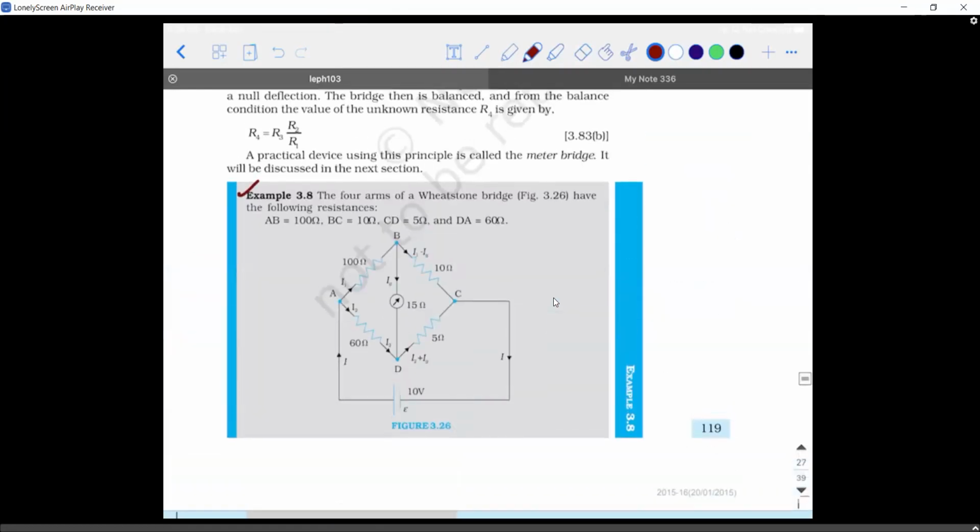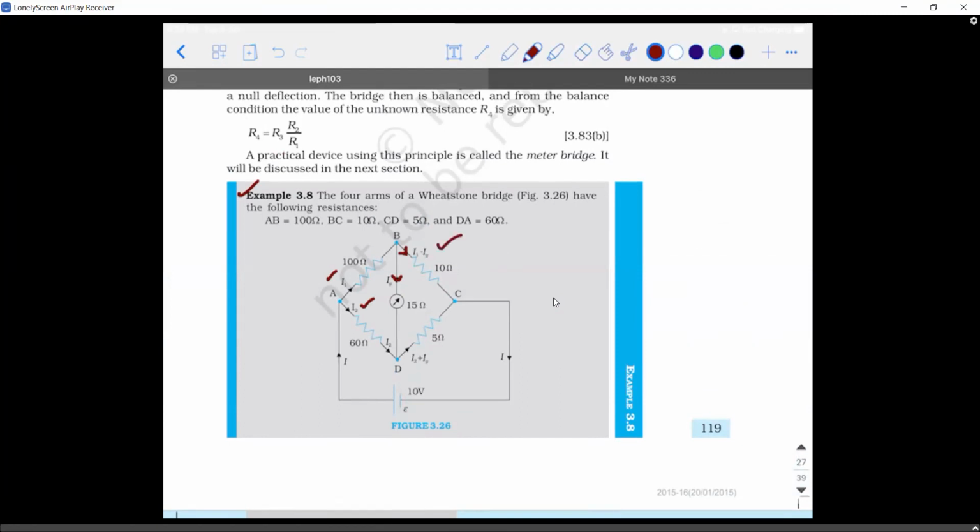Let's say the total current is I, and the currents are getting split as I1 and I2. And here, if the current is IG, then what will be the current flowing here? Is it not going to be I1 minus IG?